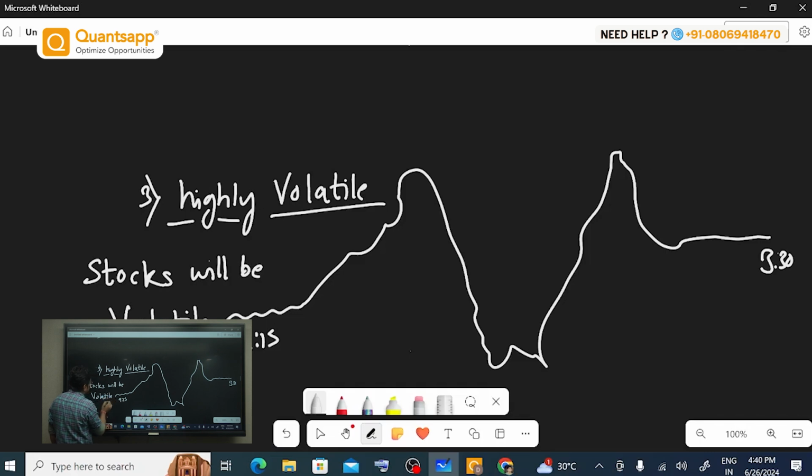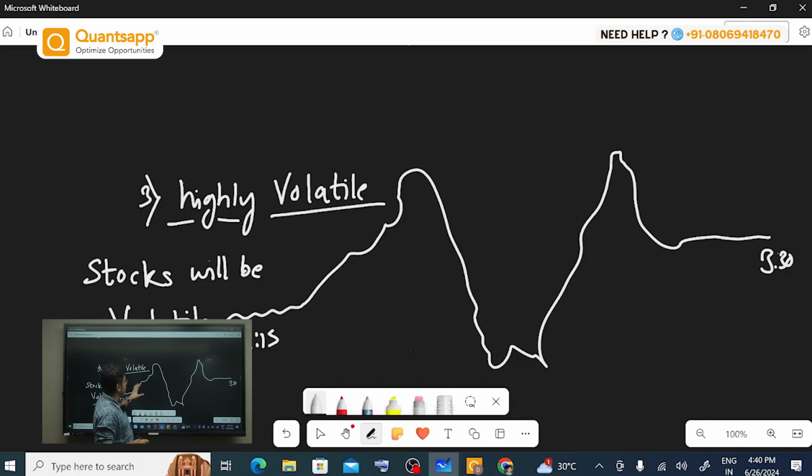So when I find in the morning how the index is moving like this, I make a perception that the majority of the stocks might also move like this, so it is very easy for me to take a trade in those stocks.